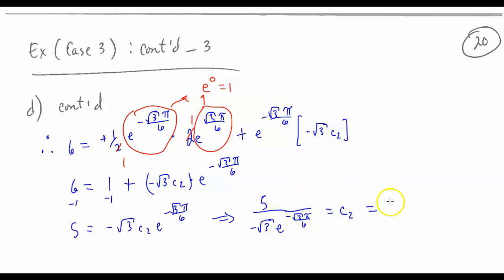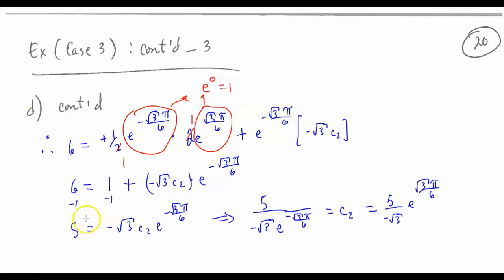And here we can just have 5 divided by negative square root of 3, and we can move this e raised to the negative square root of 3 pi divided by 6 up to the numerator. And so with that, we finally have our value for C2. It's not pretty, but it is a value.